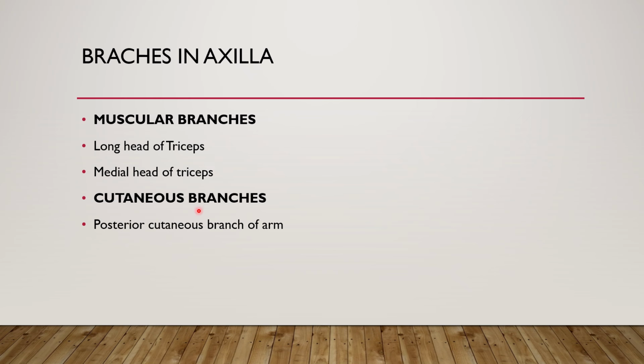And the cutaneous branch is the posterior cutaneous branch of arm. All of you see your arm, the posterior part of the arm. It is related to the upper part. So the radial nerve in the axilla comes over there. That's why it gives posterior cutaneous branch of arm. That's very important, arm.